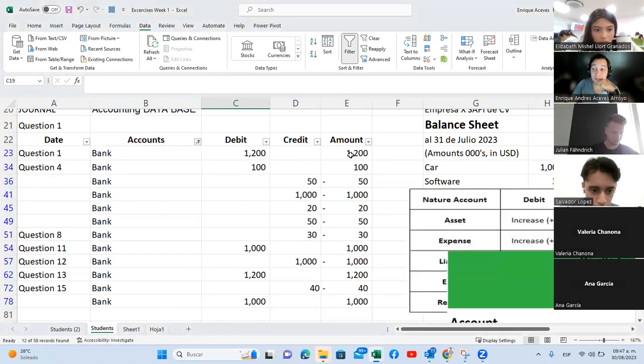These are all the registers that you should have in the bank. For those who had trouble with the bank, apply a filter to the accounting database, and these are all the registers that you should have in the bank account. And if you have two banks, that means that you have different names for that account.